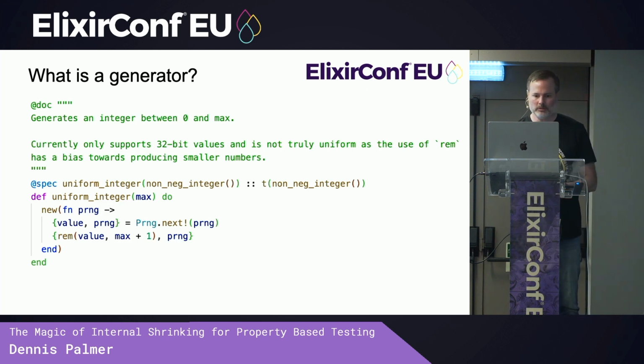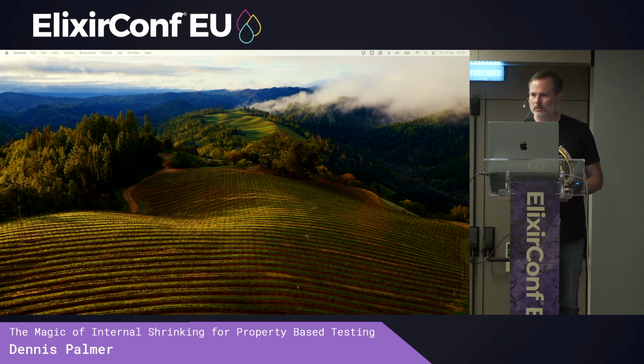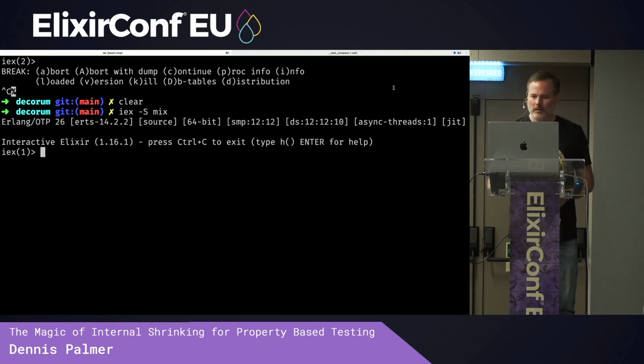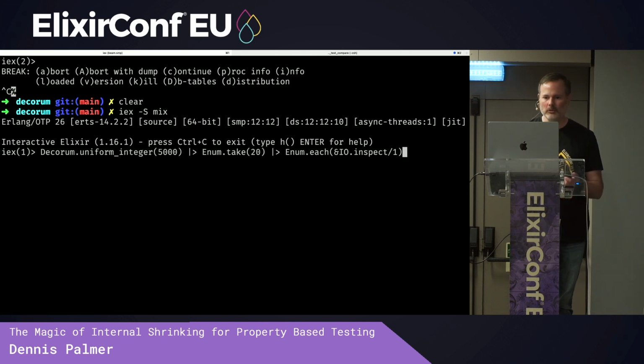So we're going to demo this. One second while we switch modes again here. I've got the IEx shell running in Decorum, and if we call uniform integer and give it a max value of 5,000, because it's a stream, if we didn't do a take there, we would just get an infinite stream of those random values.